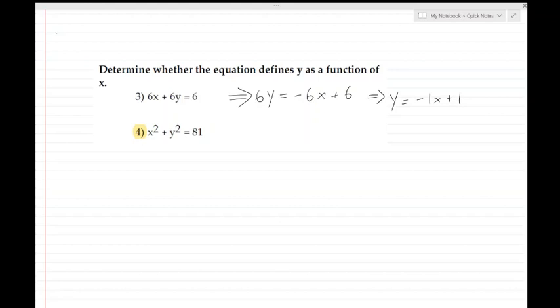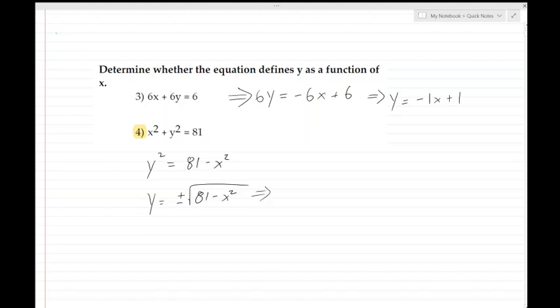Fairly straightforward. Now, for number 4, we don't have the same, right? We have y squared equals 81 minus x squared. If we solve for y, we have to take the square root of both sides, and we get y is equal to plus or minus the square root of 81 minus x squared.